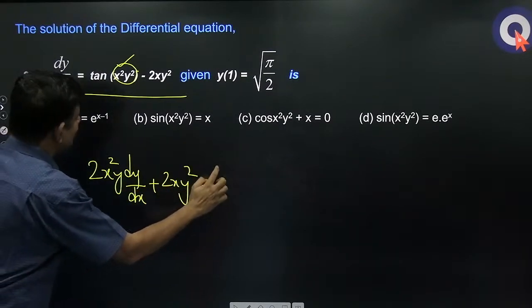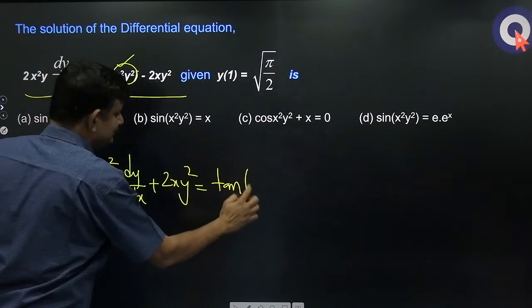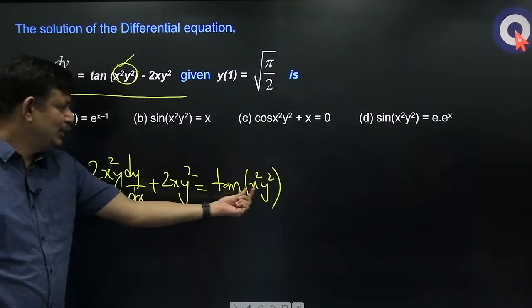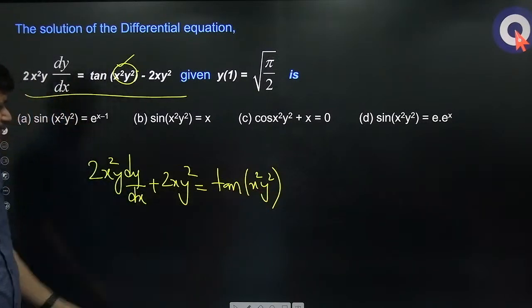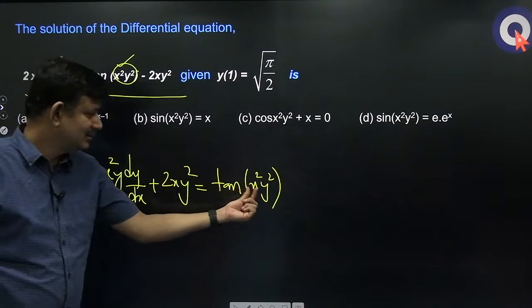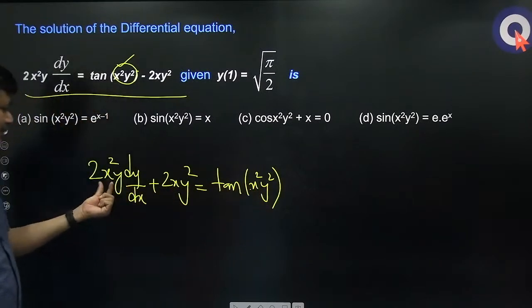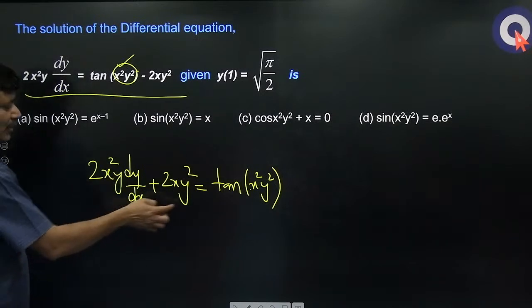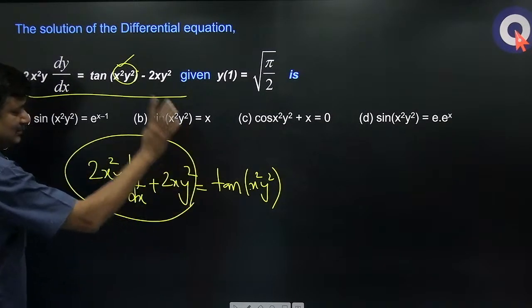And what is this on the left hand side? What is derivative of x square y square? 2x into y square plus x square into 2y dy by dx. So whatever we were searching, this is already there.